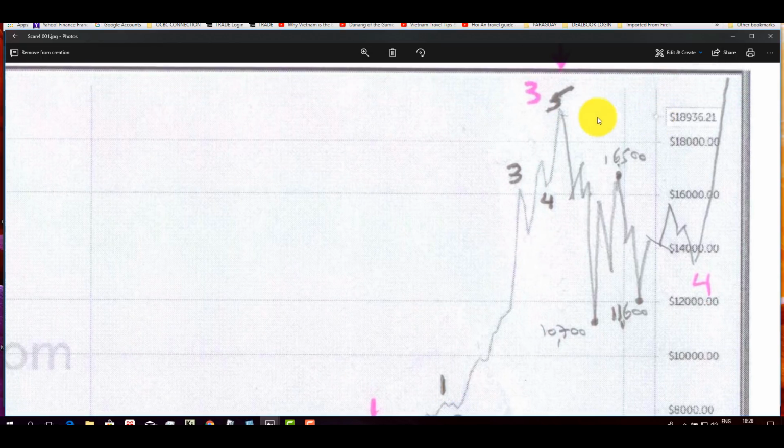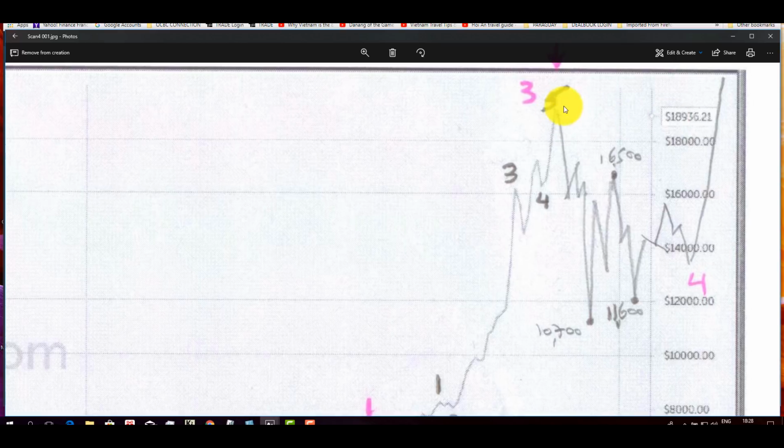Right here you see it topped almost nearing 20,000, and this is largely my own pencil doing some markings here to, if you like, anticipate what I think would be an ideal structure, paving the way for further surge that will take Bitcoin way above 20,000.